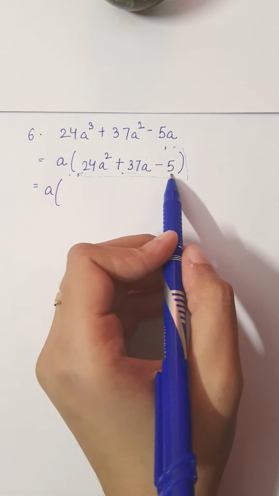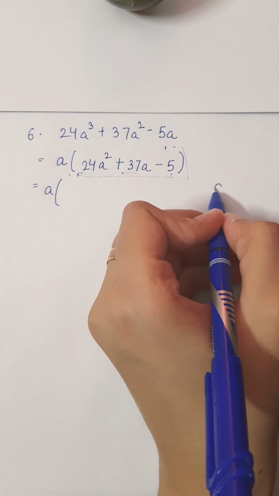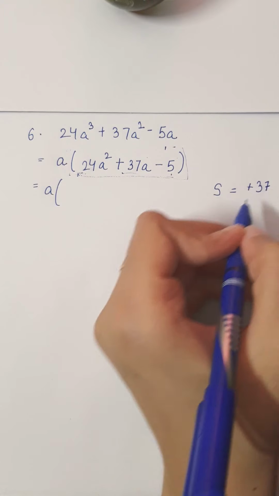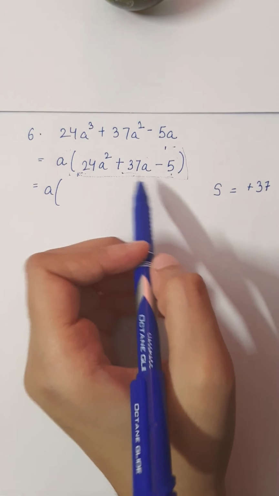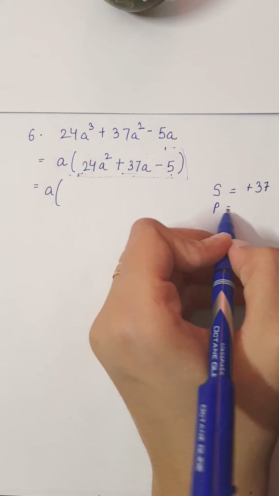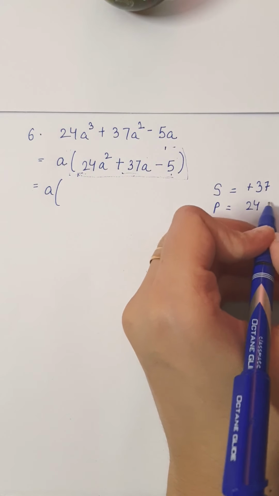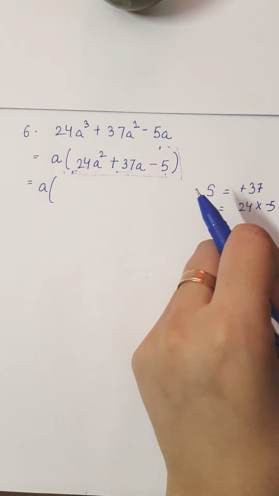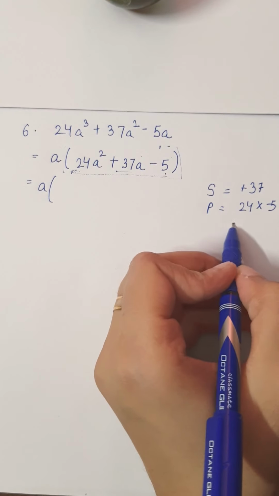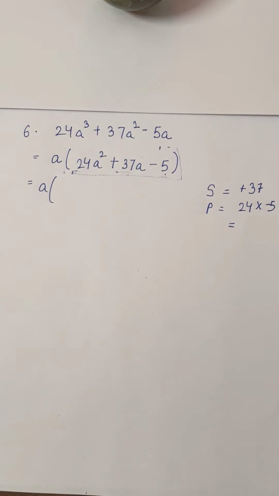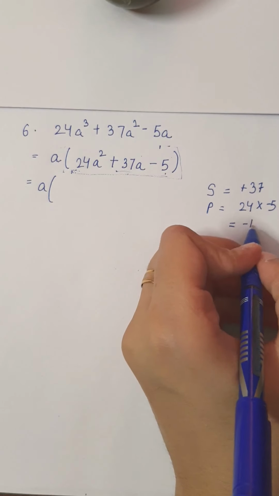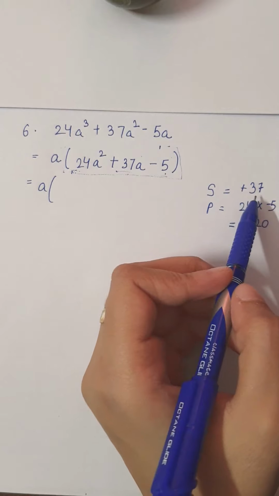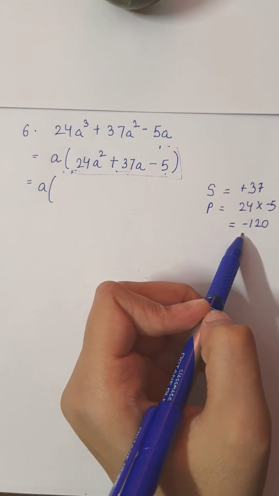So here the sum should be plus 37, the coefficient of middle term, and the product should be multiple of first and constant term. 24 into minus 5, minus 120. So you need to find such pair of numbers whose sum is this and product is this.